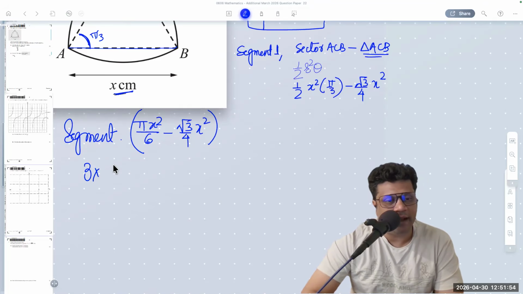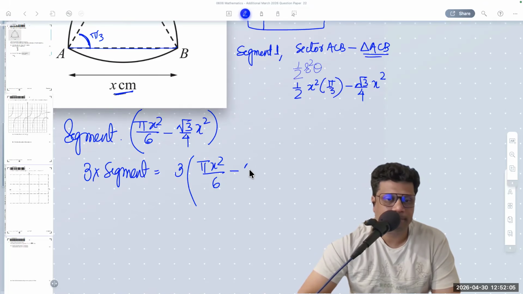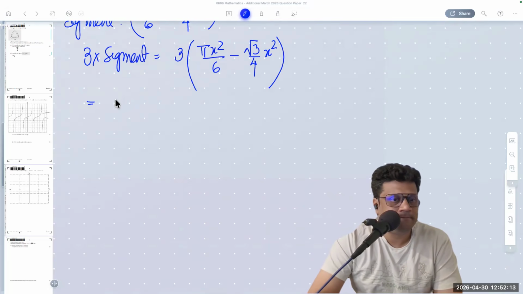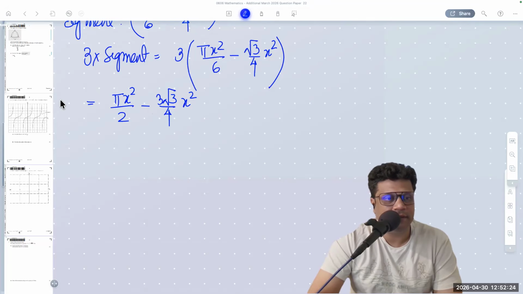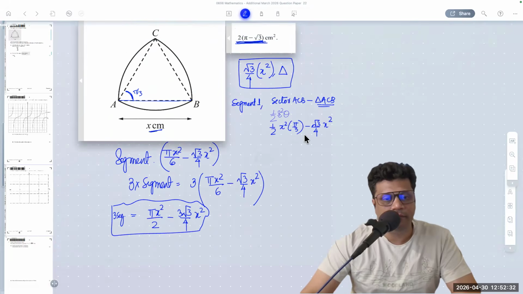Now 3 times that, it comes to pi x square by 2 minus 3 root 3 by 4 x square. That is the 3 times the segment thing. Okay, so where am I right now?